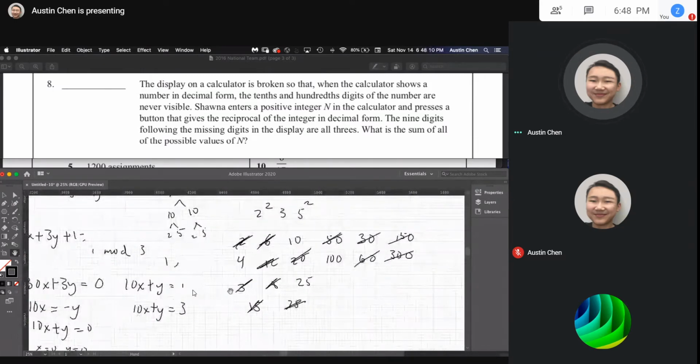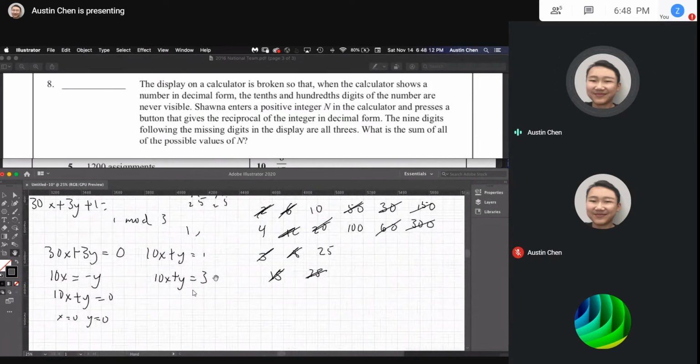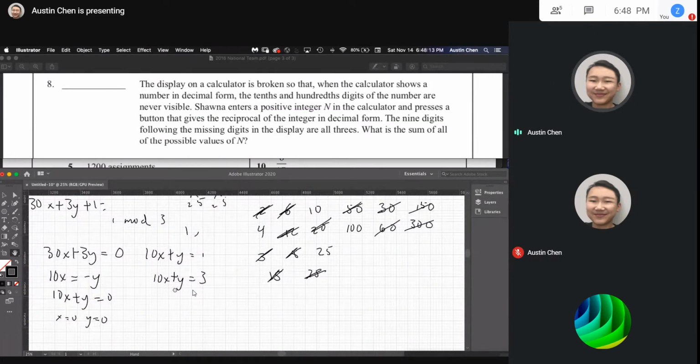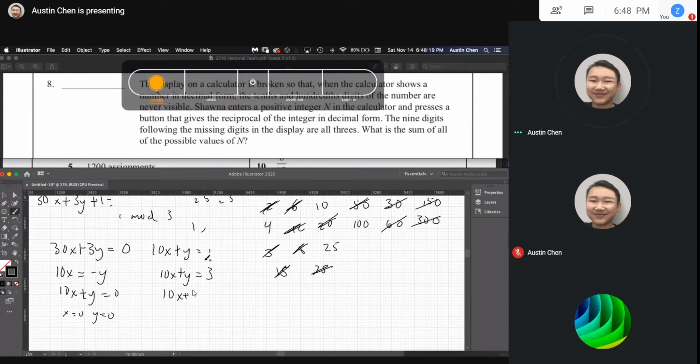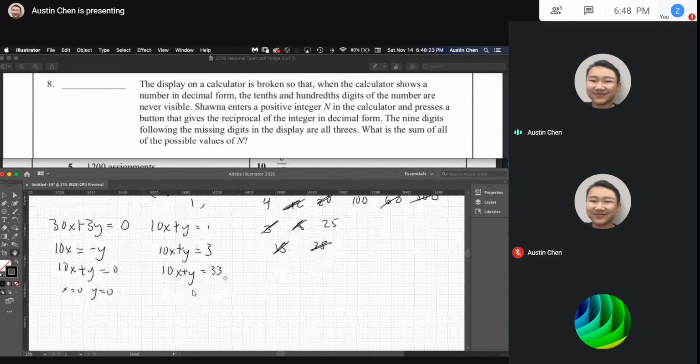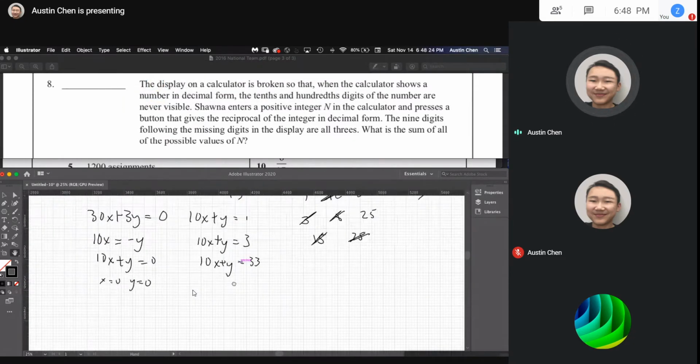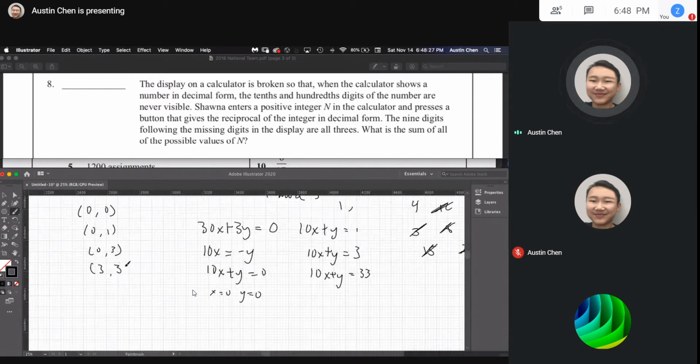And then 100. 100 is going to be that this equals 33. And the only case that works here is 3 and 3, right?